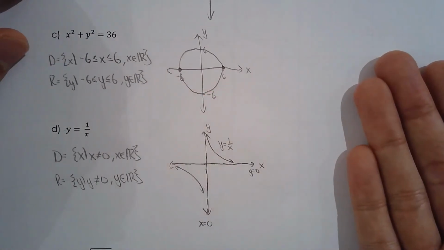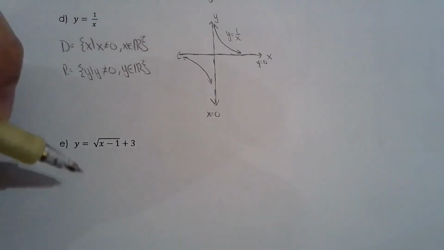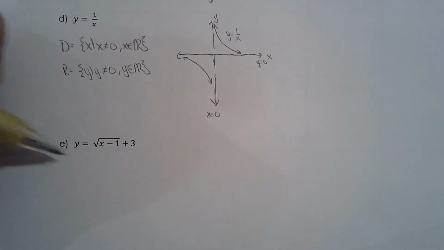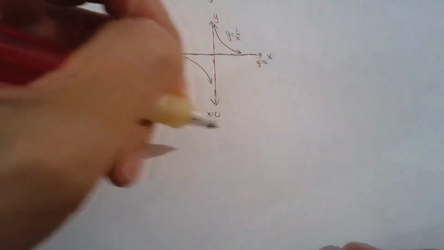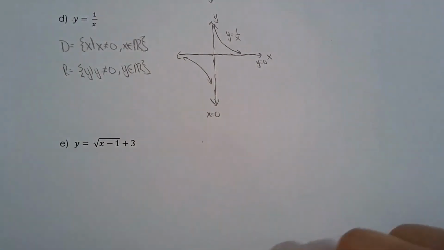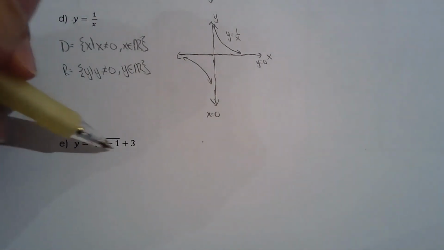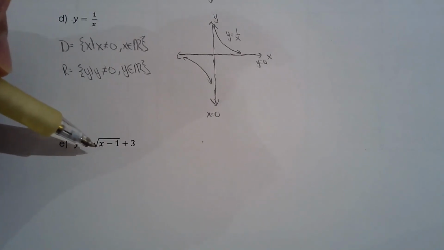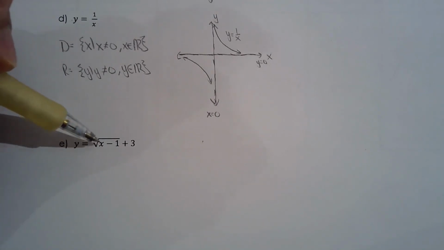All right, same thing. This one, unfortunately, you don't know how to graph, so what you have to do is study the equation. But I'm going to give you the graph. Actually, before I give it to you, let's just see. So x minus 1. Whatever x value you choose to sub into this equation, we have to make the expression x minus 1 greater than or equal to 0.